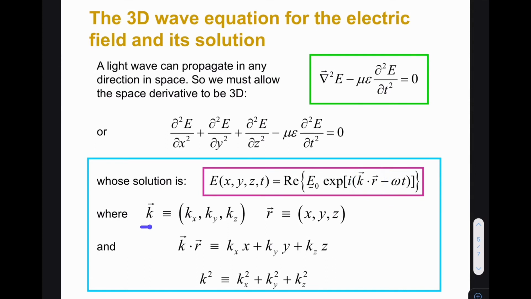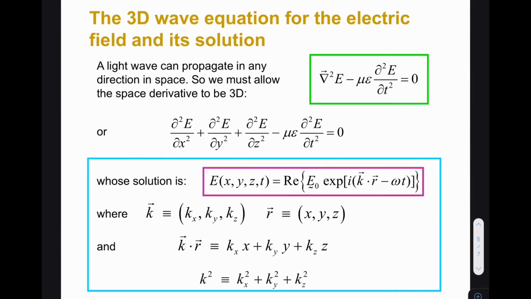So this k vector has three components. Also this r vector. This k vector dot r vector in Cartesian coordinate system will look like this. And the magnitude squared of this k vector is equal to kx squared plus ky squared plus kz squared. So this electric field is a function of x, y, z and t.